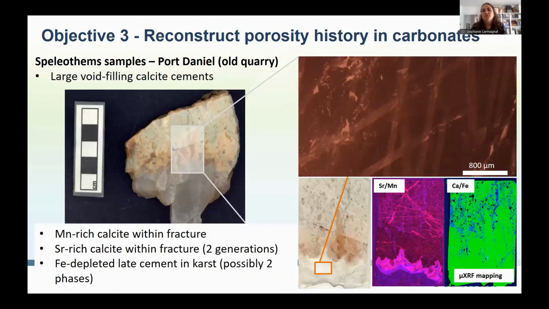Based on those results, we made a selection of samples that was sent for further geochemical analysis in Ottawa with colleagues doing LA-ICP-MS, and eventually uranium-lead dating on calcite. So this is also in progress, and we expect results pretty soon, at the end of the month, so early June.